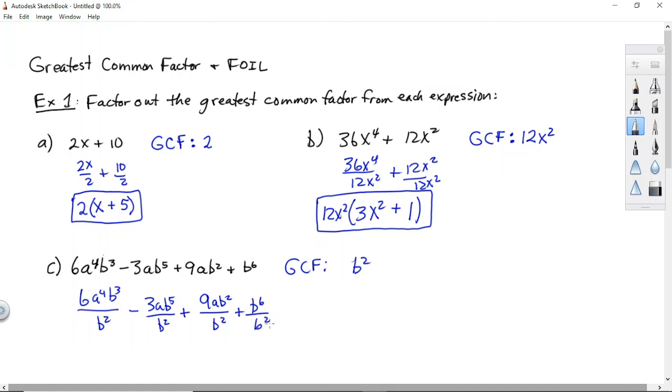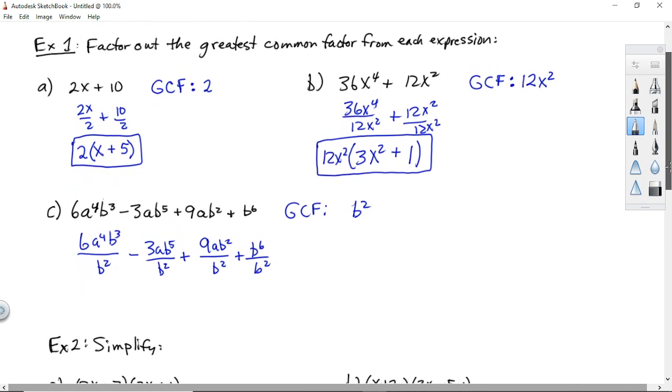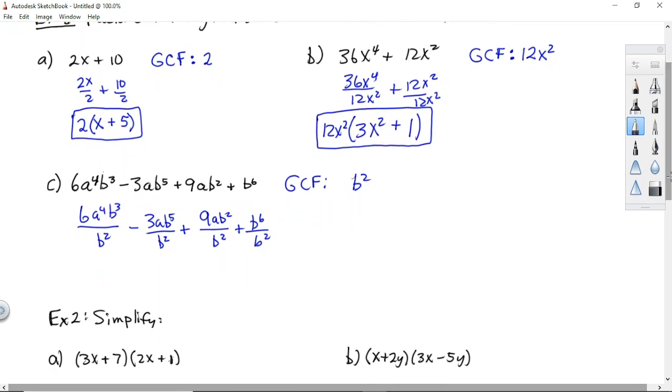I think I got them all. And let's see what we get. So we have 6a to the fourth, and then the b cubed divided by b squared, that's just b.